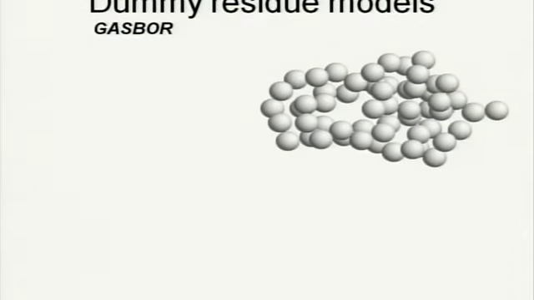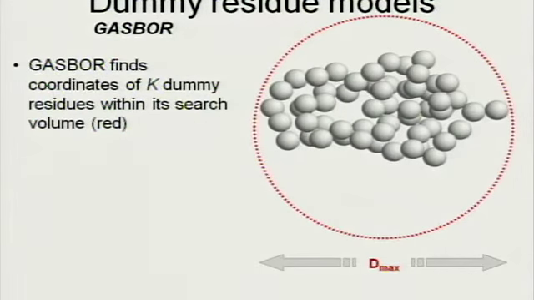So the distribution in space of these residues will be roughly the same as the distances between the residues in the protein. And Gasbore will find coordinates of these dummy residues, again using some initial search volume.